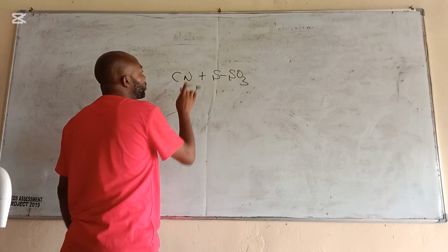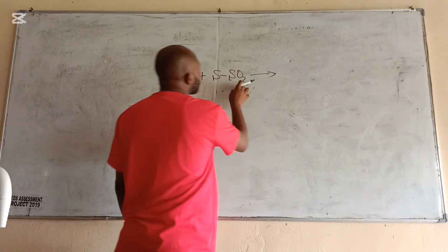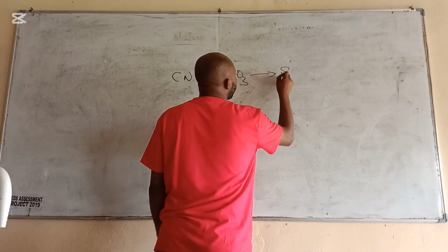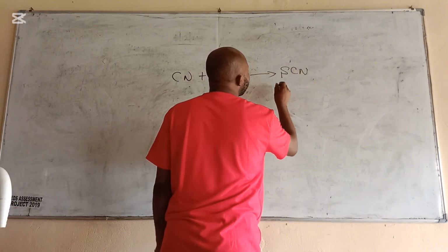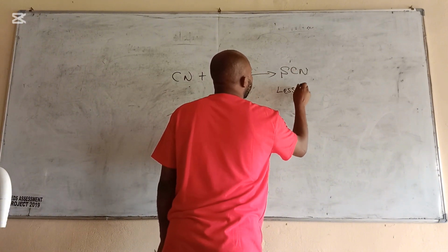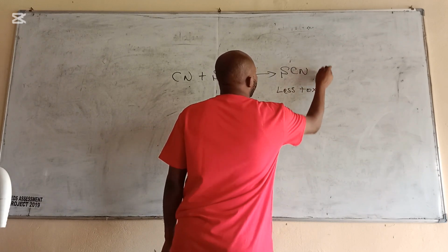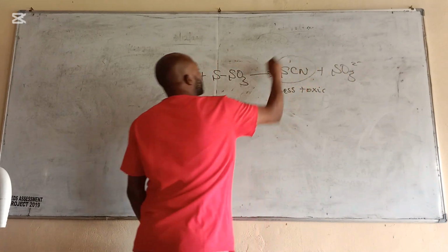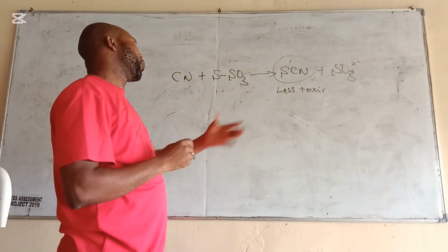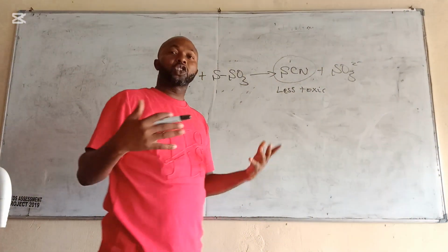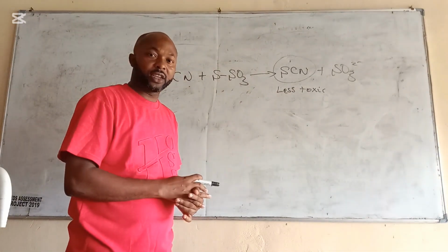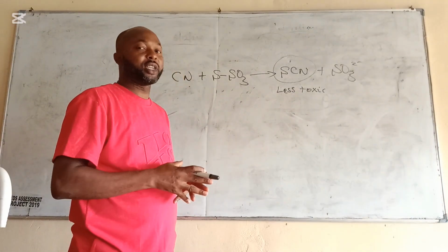So when these two react, the thiosulfate transsulfurase converts this cyanide into thiocyanate, which is less toxic, plus this. This is less toxic, formed in the body. And with this, we are able to be sustained without any poisonous effect because of the body chemistry.